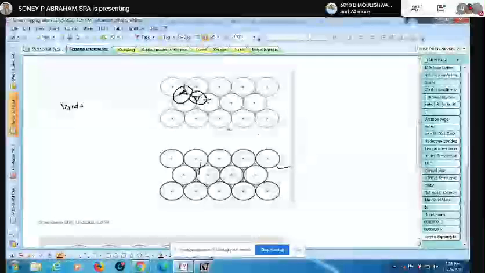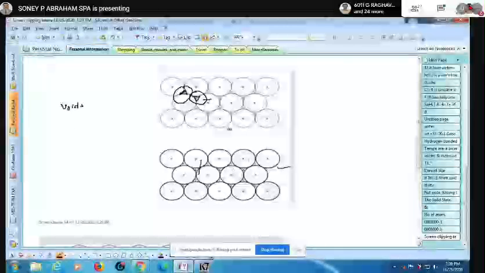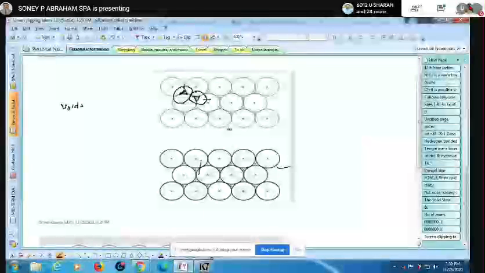These dotted lines represent the backside layer. So four spheres are forming this void.